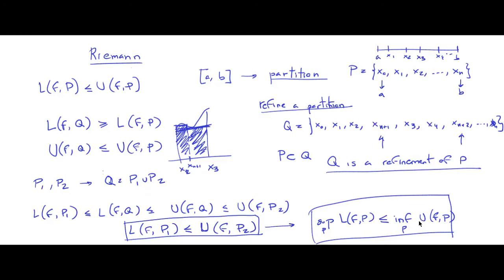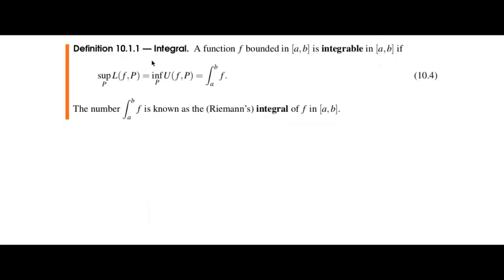And so this led Riemann to the following definition, which is the integral, okay? He says a function f that is bounded in the closed interval [a, b] is integrable in this interval if the supremum of L, the lower sum, for all partitions is equal to the infimum of U between all partitions, okay?